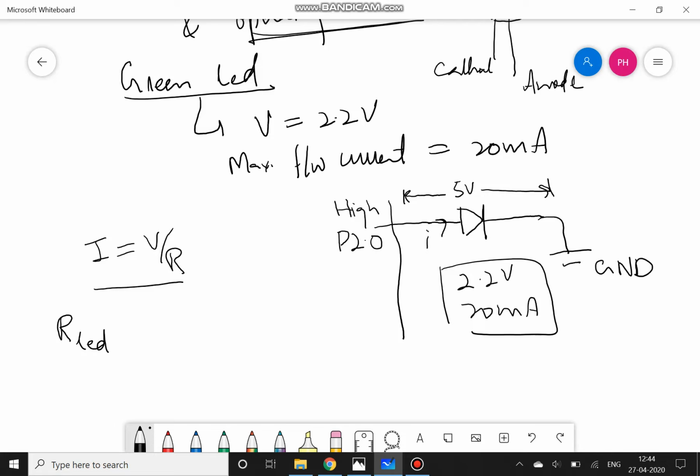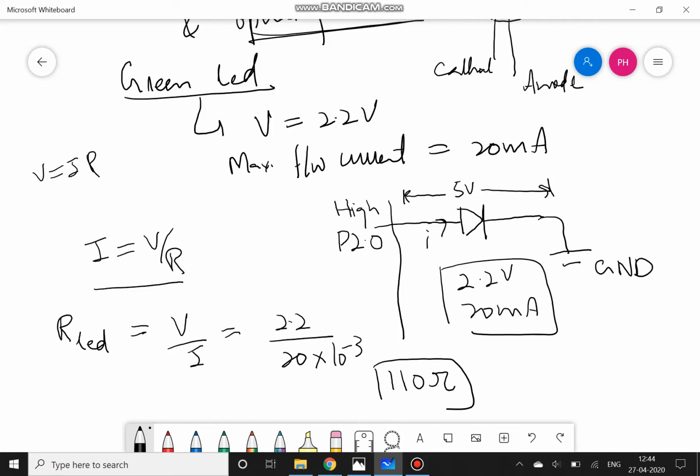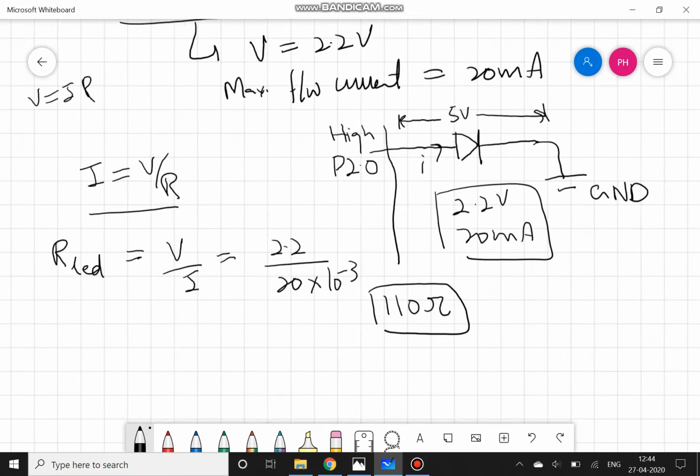Since we have its operating voltage and operating current, V is equal to IR, and from that we can calculate R_LED as V by I. That means 2.2 divided by 20 into 10 raised to the power minus 3. This comes to 110 ohms. So the resistance of this LED is 110 ohms.